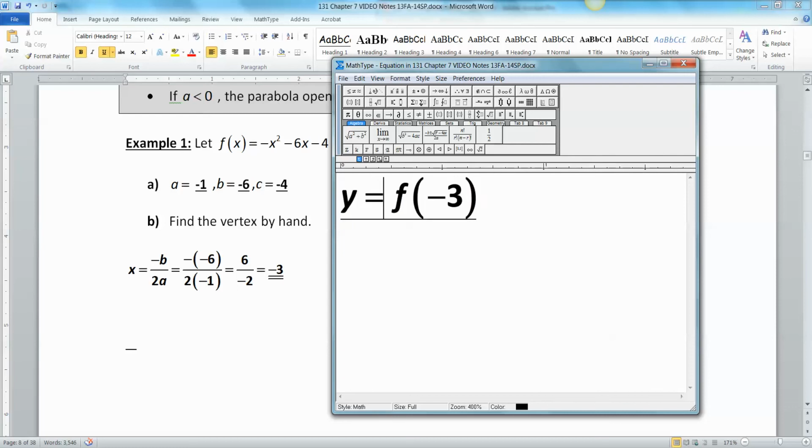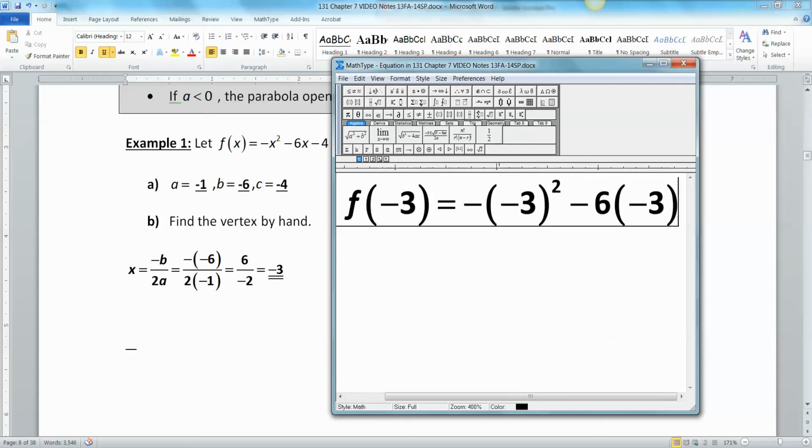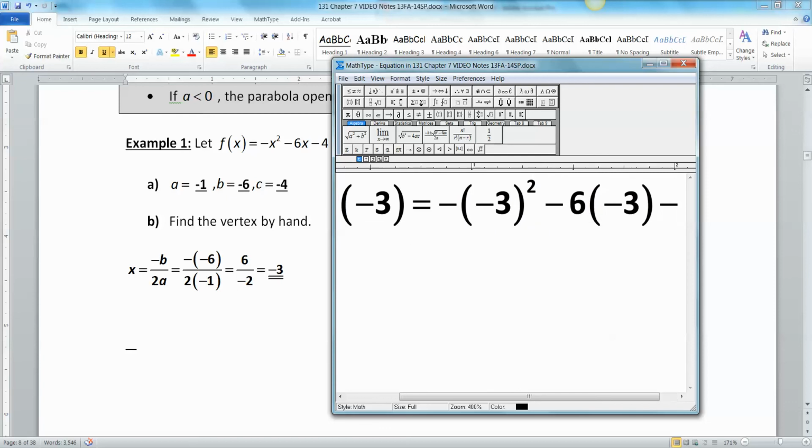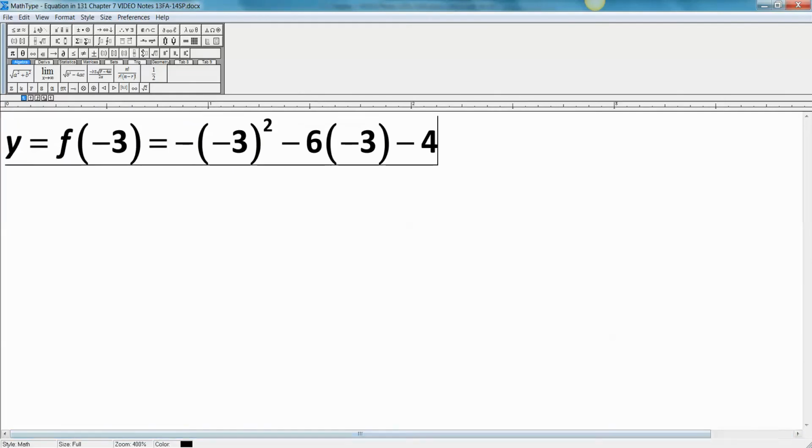Y equals negative, parentheses, negative 3 squared, minus 6 times negative 3, take away 4. Right? That's what happens when you substitute negative 3 in. Put parentheses around it, especially when you're substituting with a negative, to keep the negatives clear.